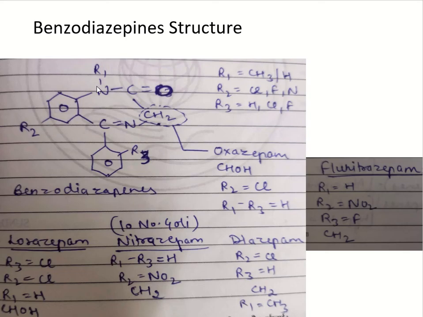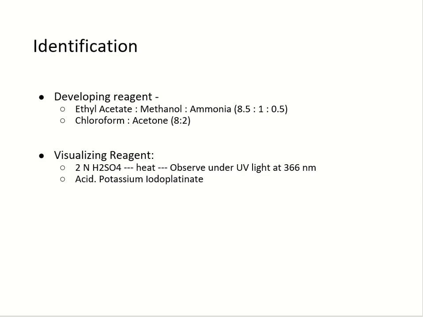The general benzodiazepine structure is this, where R1, R2 and R3 are replaced and it forms different benzodiazepines. TLC of benzodiazepines: the developing reagent used is similar to that of barbiturates.